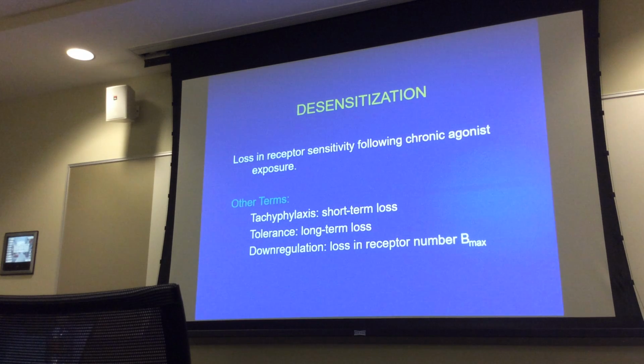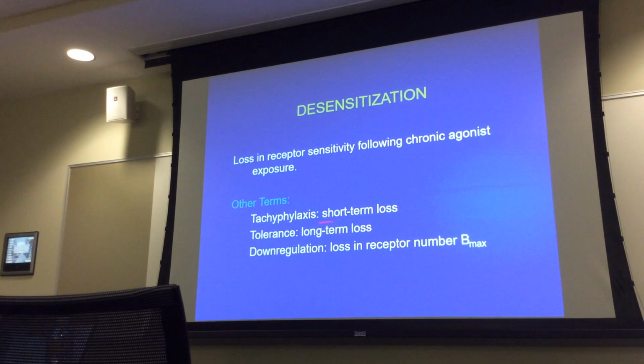And here's a slide that really addresses your question about tolerance. Desensitization is a loss in receptor sensitivity following chronic agonist exposure. There are a variety of physiological consequences to this. Tolerance, of course, is a long-term loss.